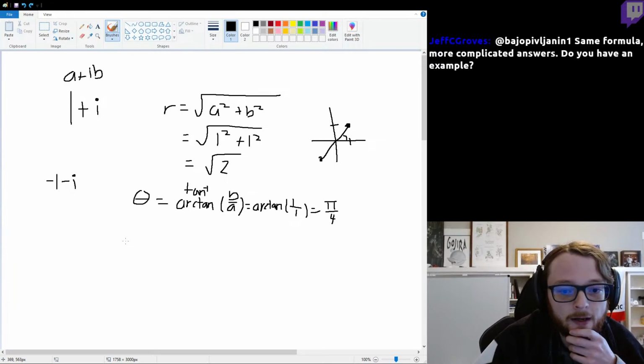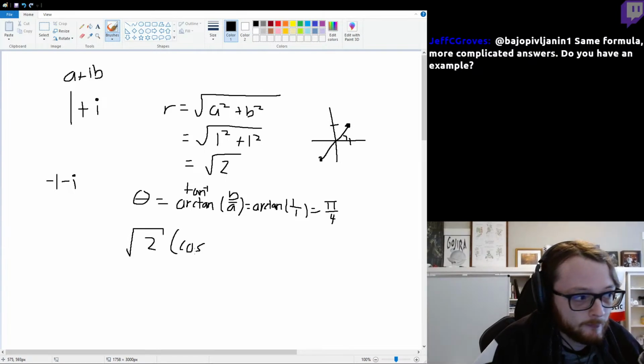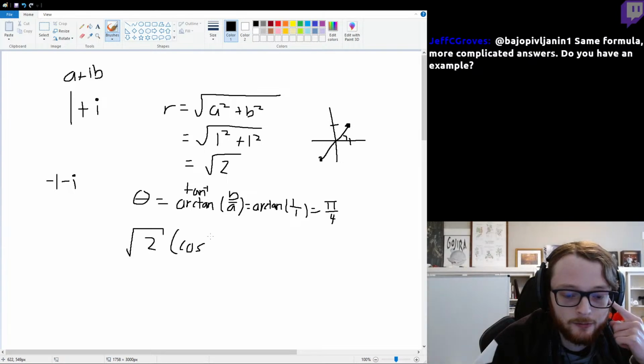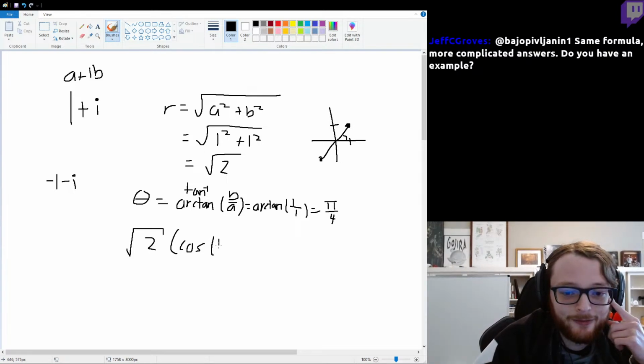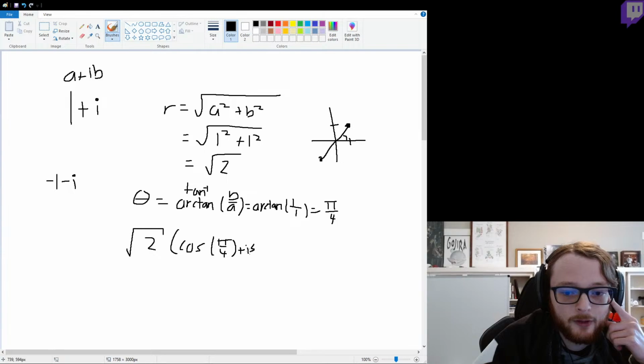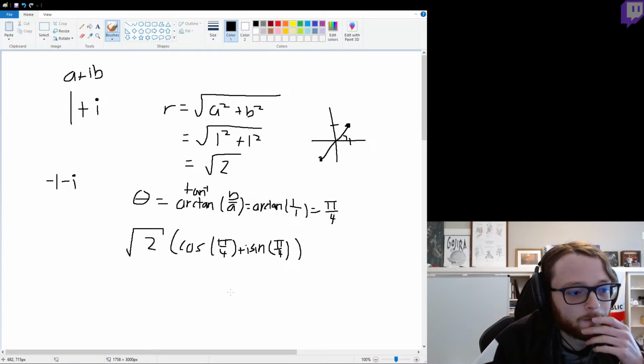And so now we know our r and our theta, so we can just plug right into the form for a trigonometric complex number. It's radius times parentheses cosine of your angle plus I sine of your angle. Sometimes abbreviated to CIS, just because it's a lot of writing to do cosine plus I sine a bunch of times.